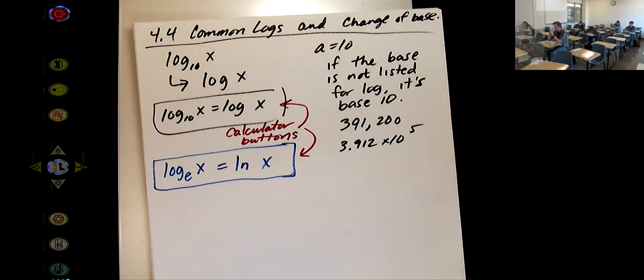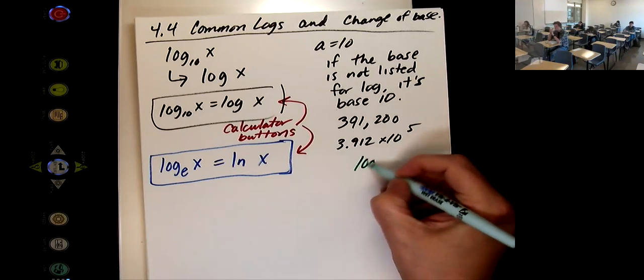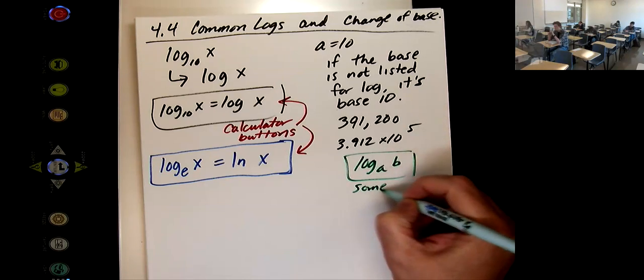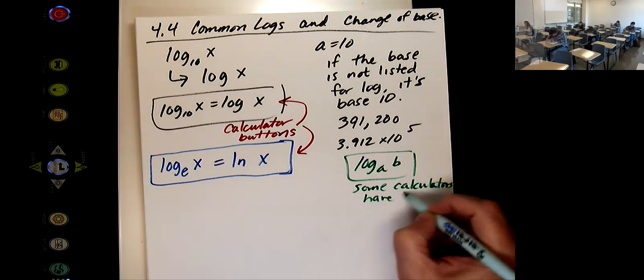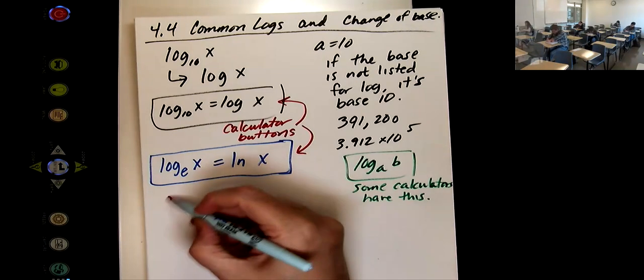If you wanted to find values for these on a calculator, they're really quick. You don't need that log base A of B button. Some calculators have it. For those that don't, we have the change of base formula.